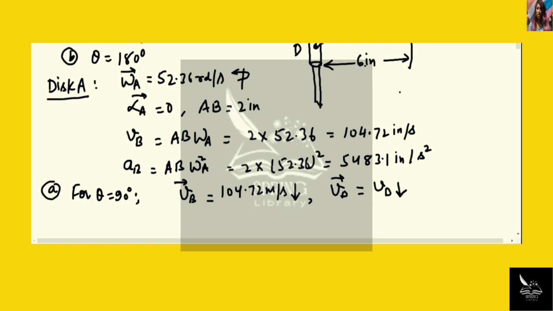If we draw the geometry again, this is the disk, A point, this is B point, this is D point.